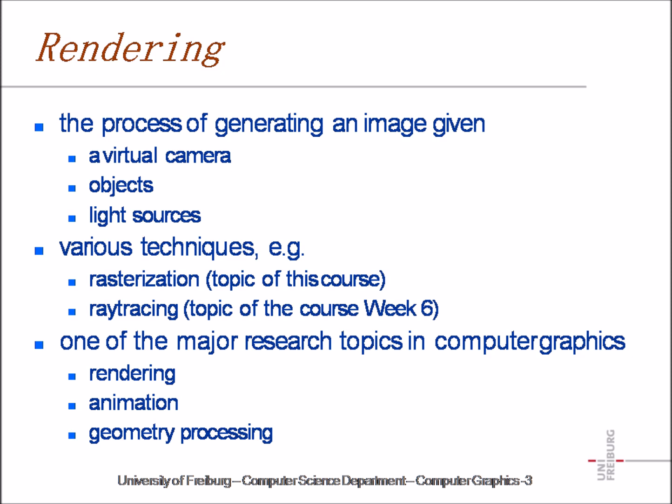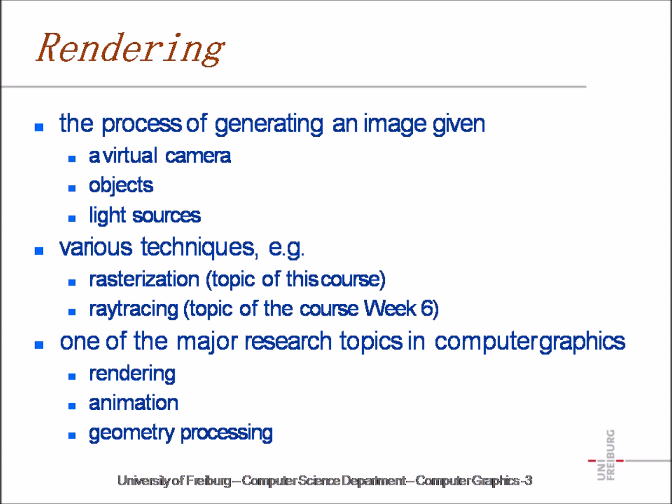Number 2, we have to deal with different kinds of objects which you can find in a natural or synthetic image scene, and obviously the light sources, which play an important role in generating different types of computer graphics. There are various techniques to perform rendering. Number 1 is rasterization, the topic that we discuss in this lecture, and number 2 is ray tracing.